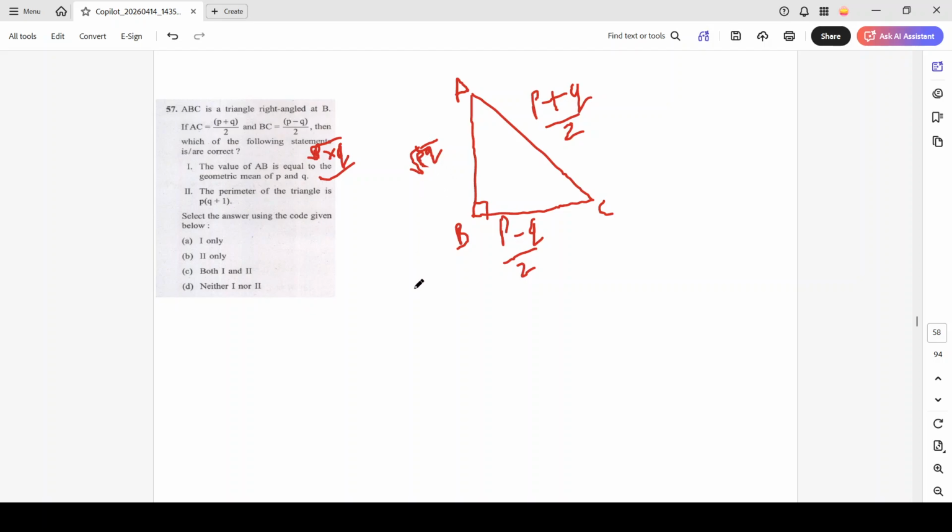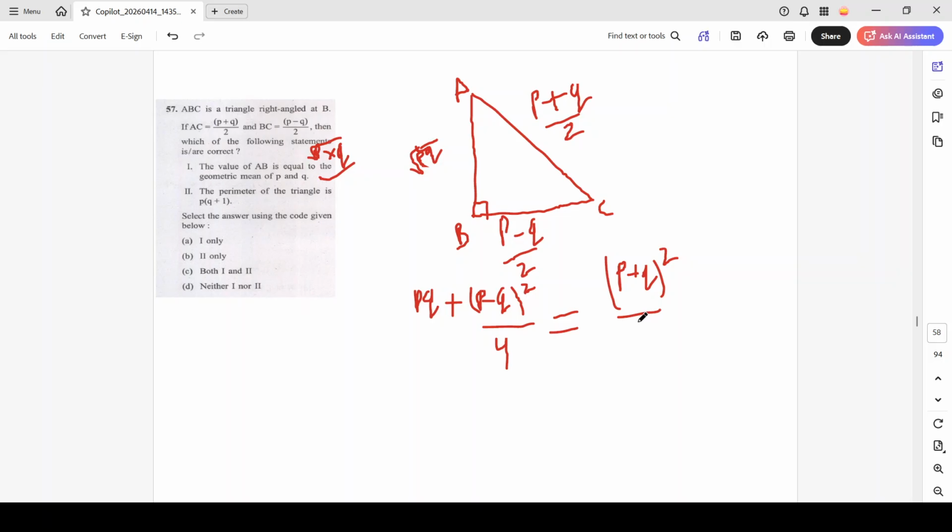Now if we take it, PQ square is equal to PQ plus P minus Q whole square upon 4, and it will be equal to P plus Q whole square upon 4.